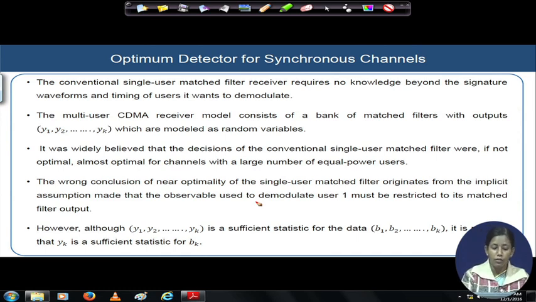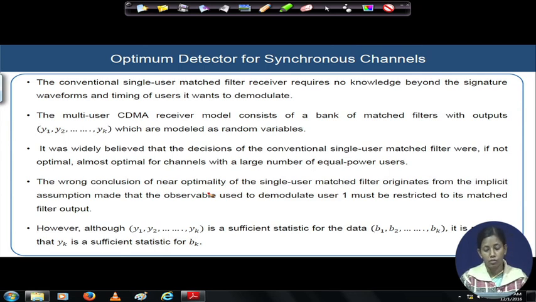Though he was receiving y1 to yK, for the detection of a specific user only the corresponding matched filter output was used. There was the concept of utilizing all the vectors available, but this optimality was assumed, and in practice it does not hold good.